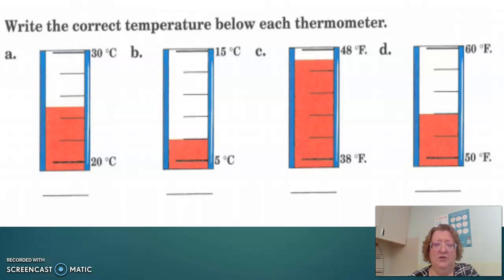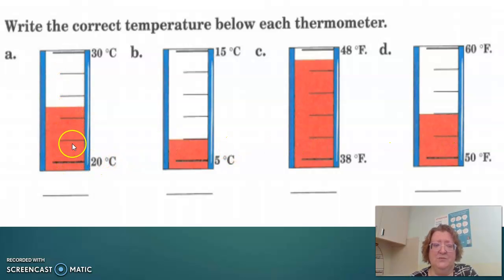We count those lines by twos. So let's just count this thermometer already all the way up. Begin 20, 22, 24, 26, 28, 30. So we're counting by twos and we're starting with the lowest number at the bottom of the thermometer.